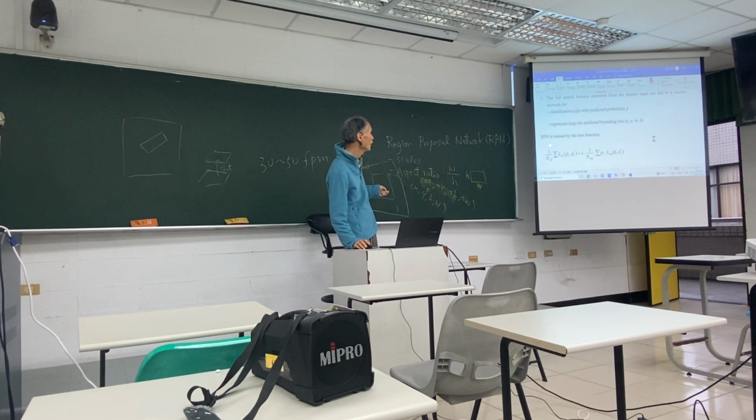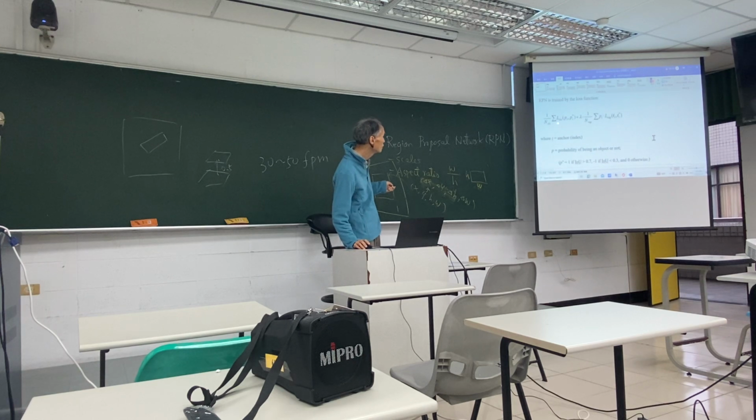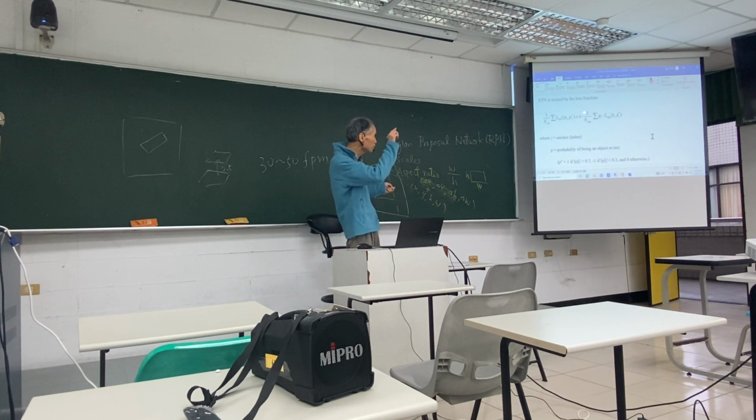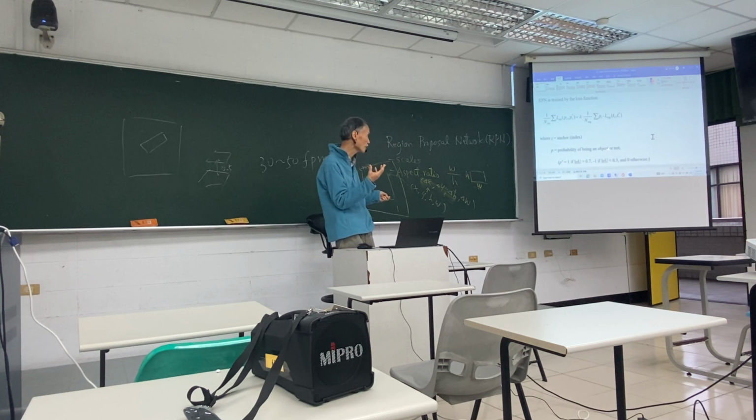As I mentioned, the RPN is trained with the loss function first. This is the probability of whether the ROI is an object or not.